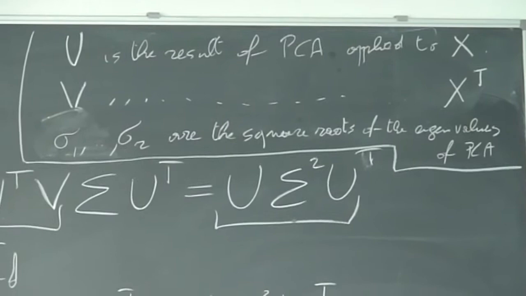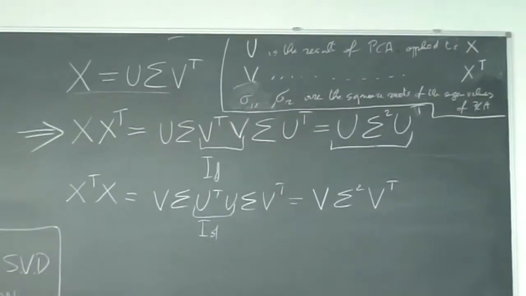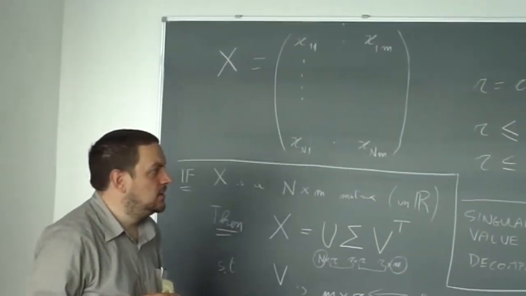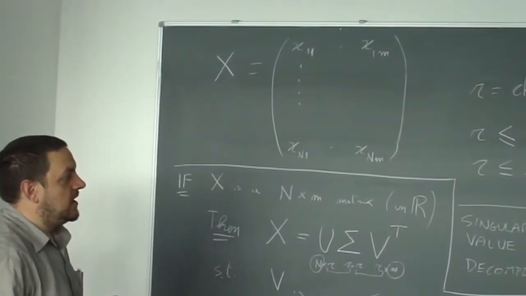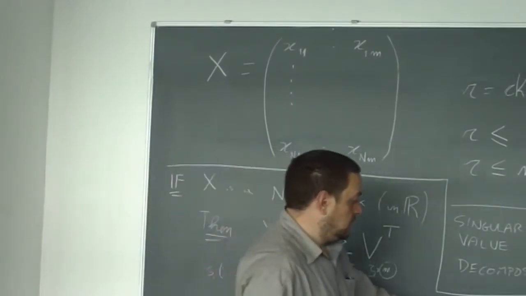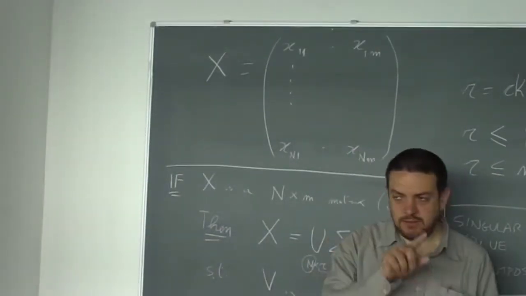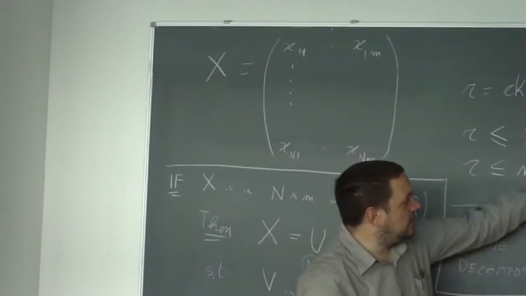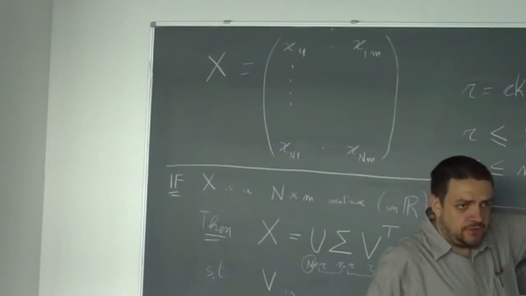Okay, actually there is a little more to this. I mean, you see, X is not a square matrix, it's rectangular. So actually there is a dimensionality issue here.